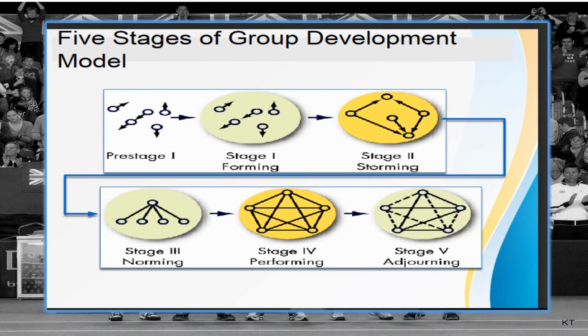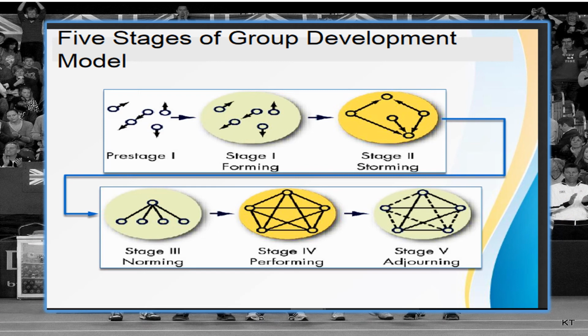When we look at the stages of group development, which you've touched on before, you have different stages. You have forming, storming, norming, performing, and adjourning. In stage 1, you form the team, and you have different people that may or may not have worked together before. Storming, here is where the people are now jostling for position in terms of tasks and who's going to do what. 3, you have norming.